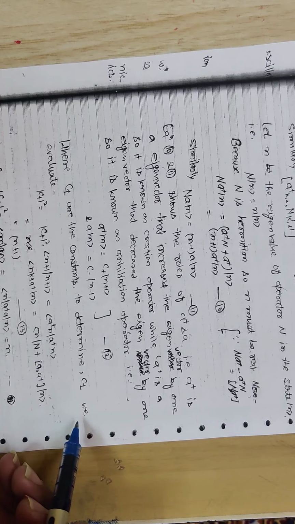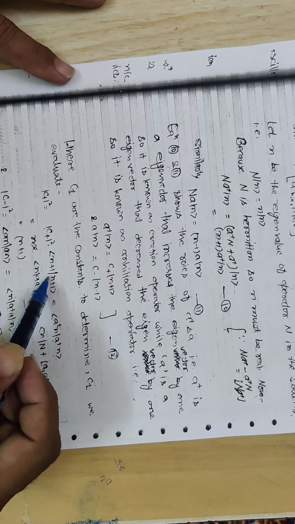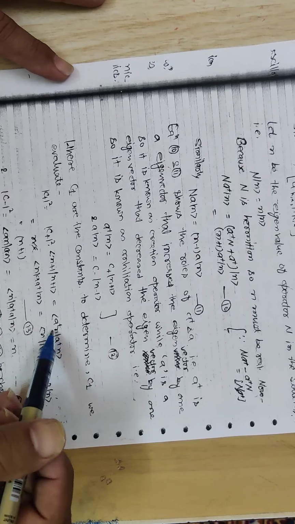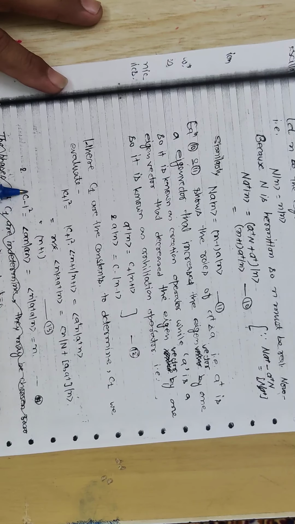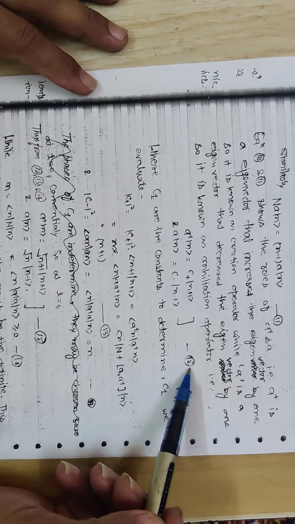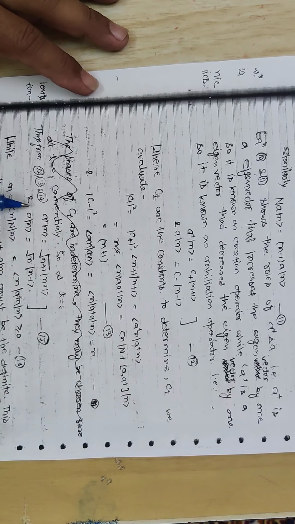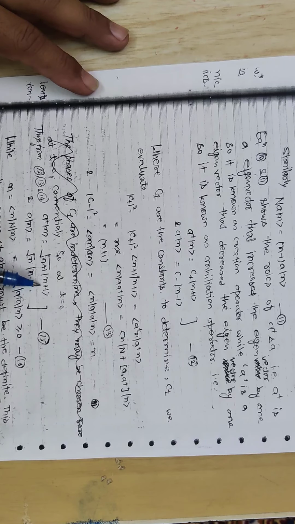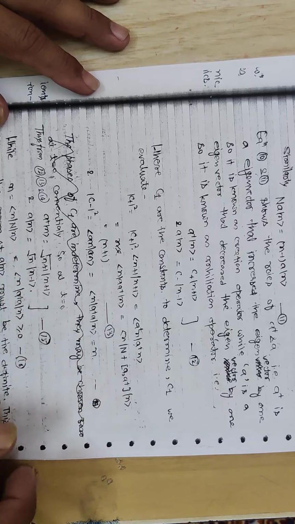To evaluate C plus minus, we write C plus square equals <n|A A dagger|n>, that is n plus 1. Similarly, C minus square equals n. Therefore, from equations 12, 13 and 14, we can write A dagger|n> equals square root of n plus 1 |n plus 1>, and A|n> equals square root of n |n minus 1>, while n must be greater than or equal to 0.